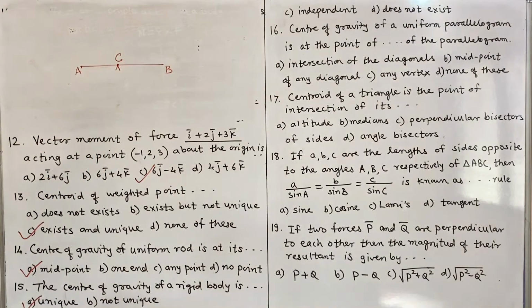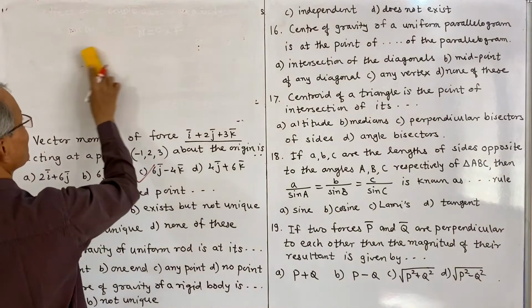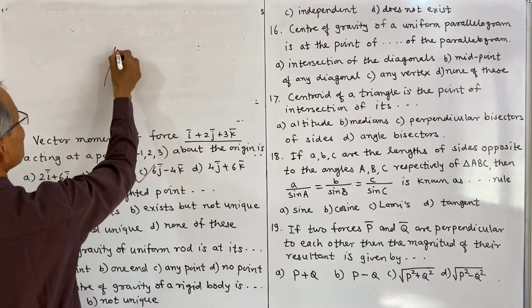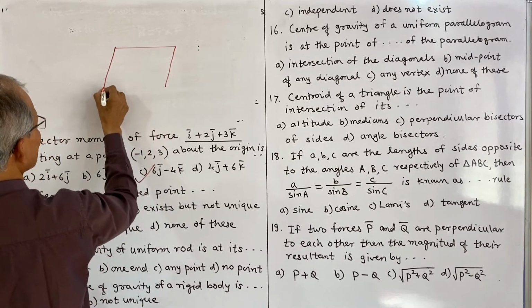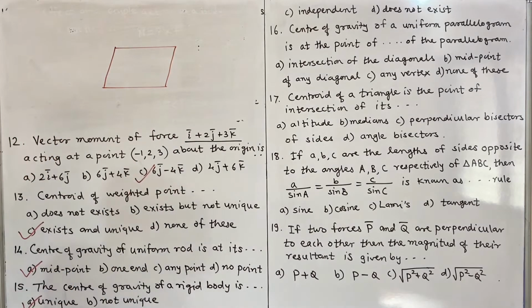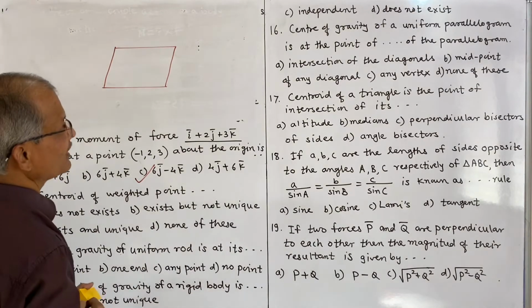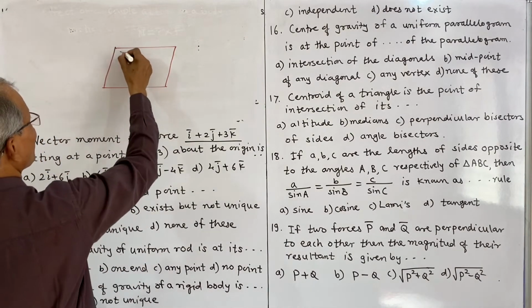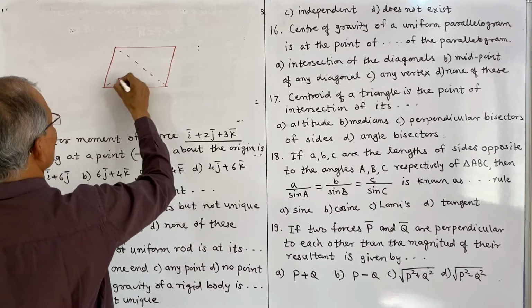Then, the center of gravity of a uniform parallelogram is at which point? If the parallelogram is uniform, having the same thickness throughout, then its center of gravity will be the point of intersection of the diagonals.